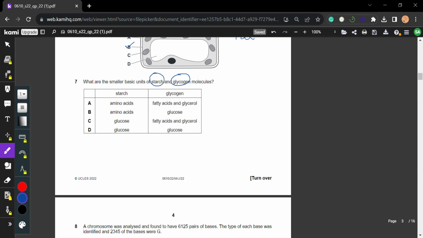So we're going to look at, for starch is definitely glucose, and for glycogen is a way of storage in humans. Starch is in plants and glycogen is in humans. You should remember this, and the correct option would be D, right?